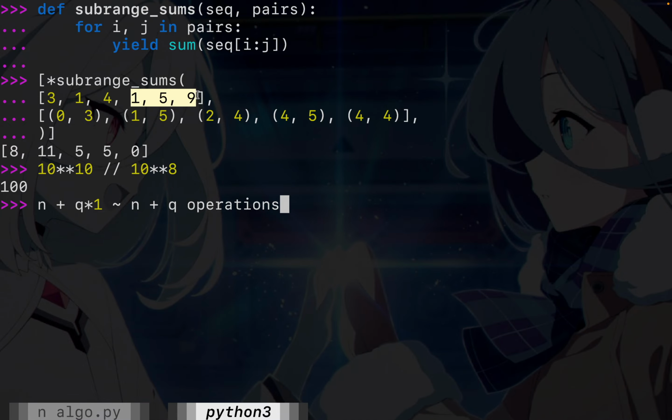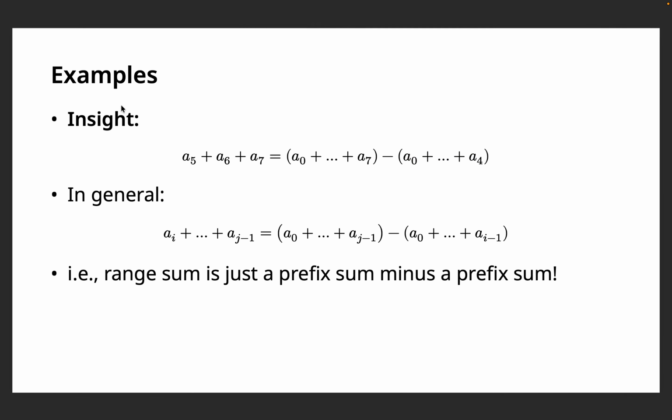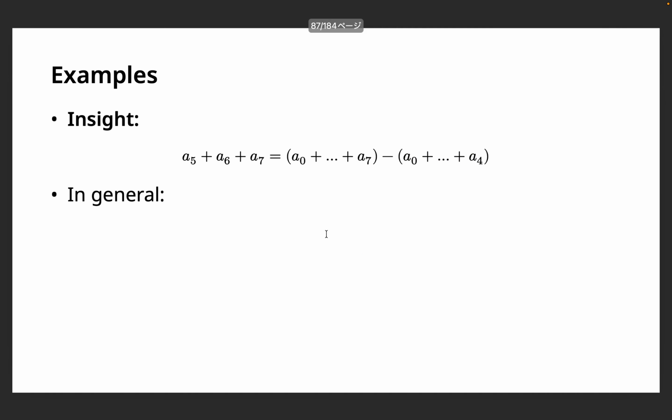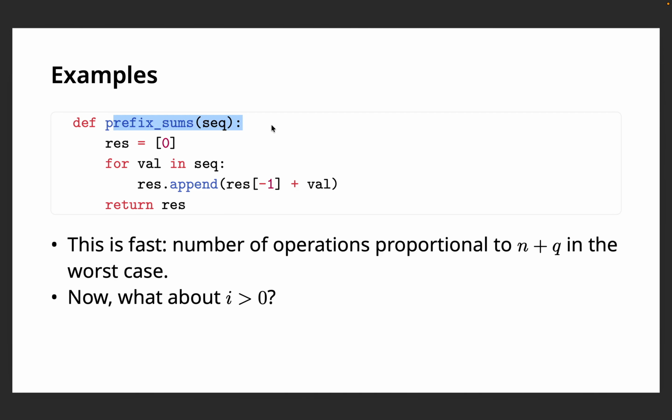So if I want to get the sum of 1, 5, and 9, I get the sum of all of this minus the sum of this prefix here. Essentially, for any subarray, it's just a difference of two different prefixes. And we already know what the prefixes are since we computed the prefix sum array over here.